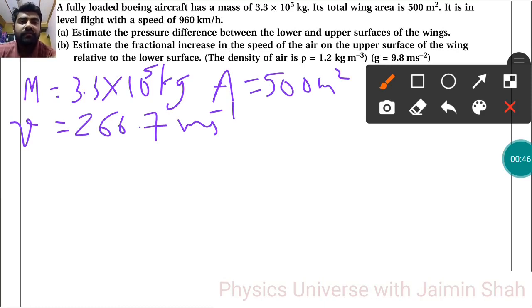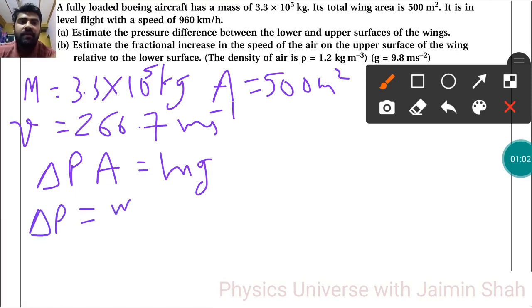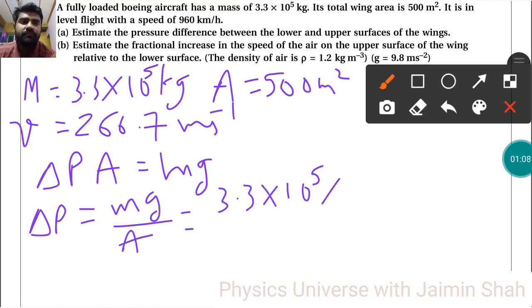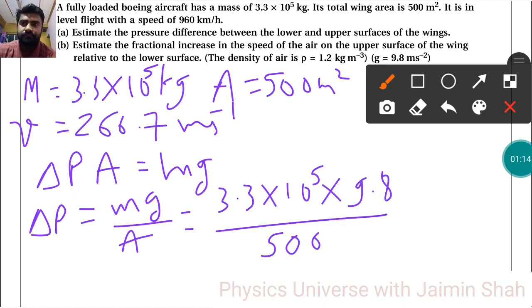We are going to find the pressure difference. We know that ΔP × A, that is force, is balanced by the weight of the aircraft. So the pressure difference ΔP is equal to mg upon A: mass 3.3 × 10^5, g is 9.8, and area is given as 500.